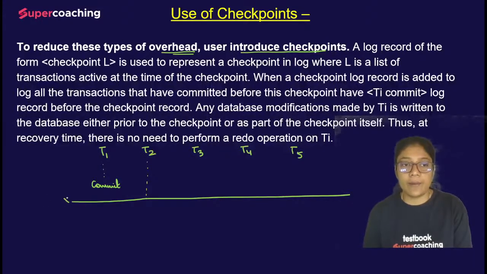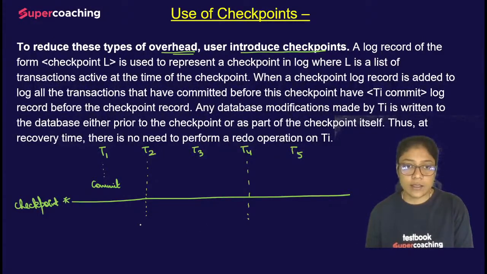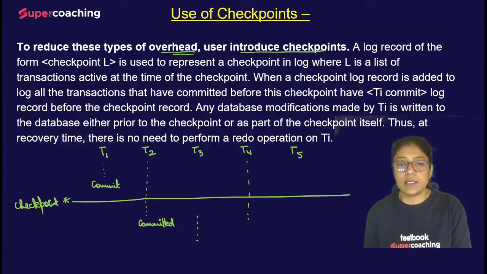Here we have applied a checkpoint. This transaction was executing, this transaction was executing, and here this gets committed after performing some more operations, and after some time this transaction started with its execution and this doesn't get committed.